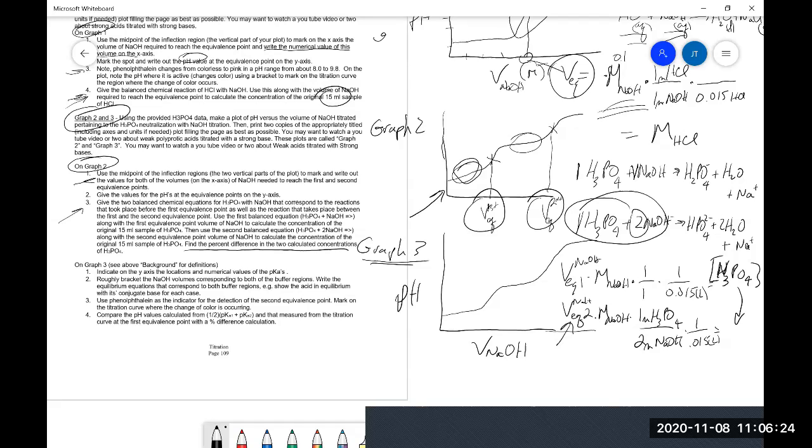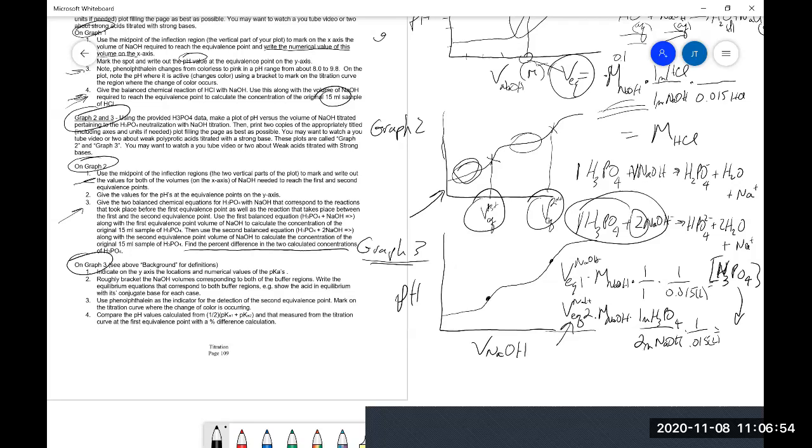All right, so what do we have to do on graph 3? Let's see, it says indicate on the y-axis, that's the pH axis, the locations and numerical values of the pKa's. You should read that lab because it talks about the equivalence points right there.